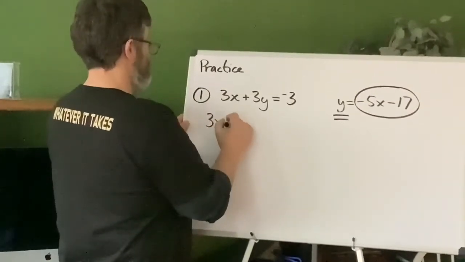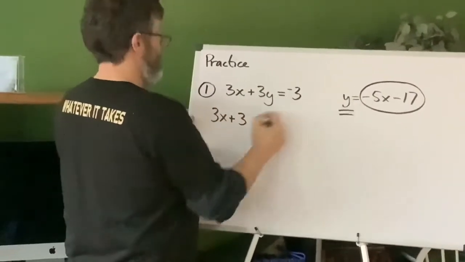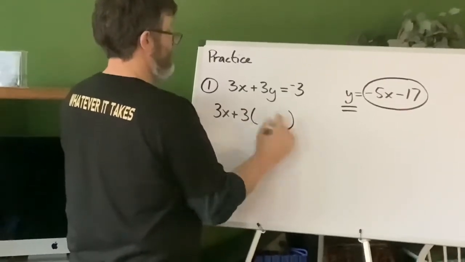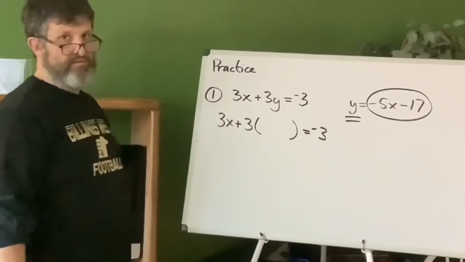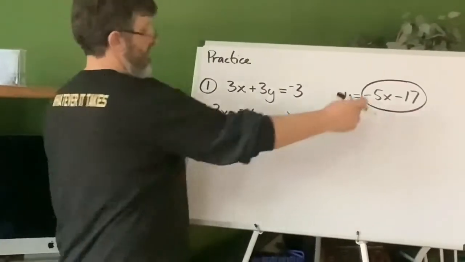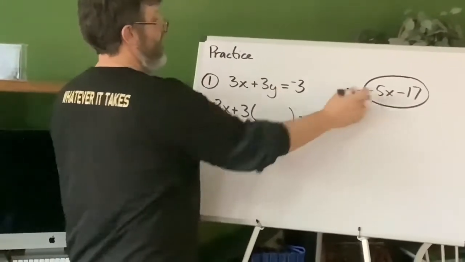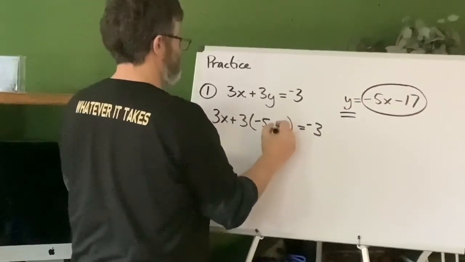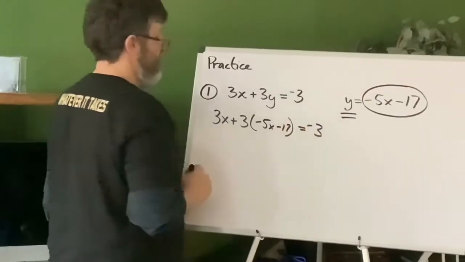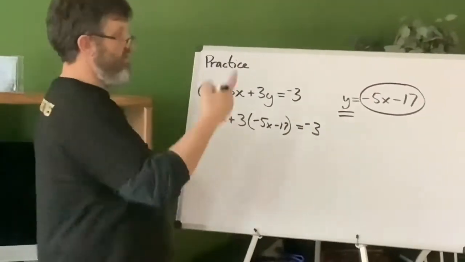Okay, here we go. 3x plus 3, y comes out of the game, big fat parentheses, equals negative 3. Okay. Well, if y comes out of the game, what it's equal to has to go in. Negative 5x minus 17. Okay. That's our big goal. We're going to learn that today.